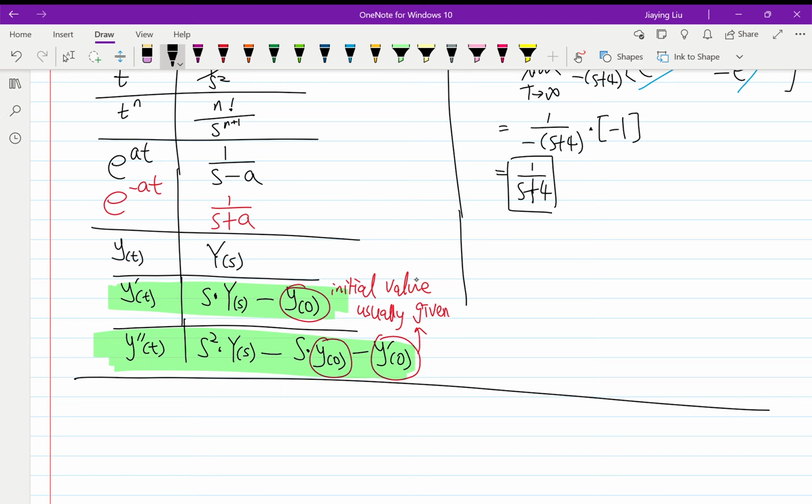All right, here's the example. We're going to solve this initial value problem, 3y prime equals 1 with initial condition y of 0 equals negative 1.